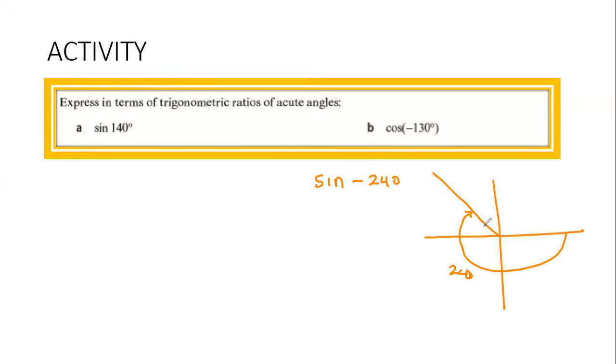Now you ask, which angle is here that is very close to the x-axis? Which angle is that? 30. Remember, don't forget this is 180.